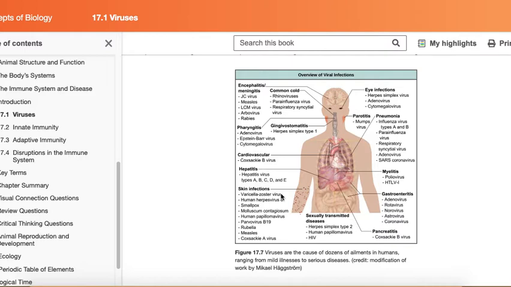One weakened live virus that has been defeated is polio, which they were able to mostly eradicate using a weakened live virus. So how is a weakened live virus formed?